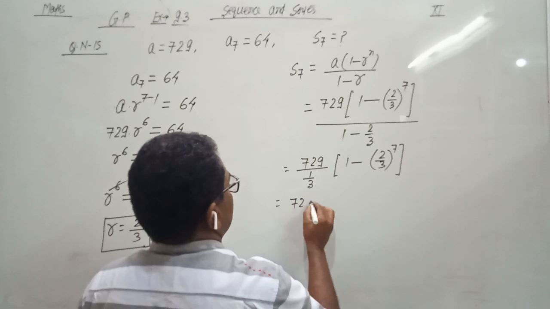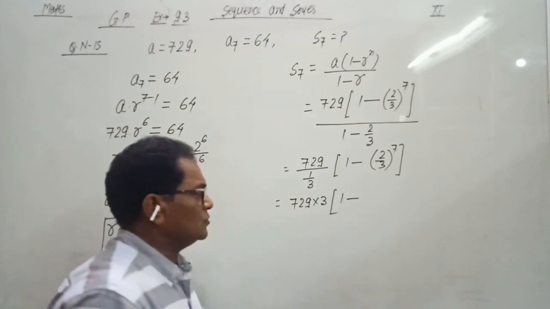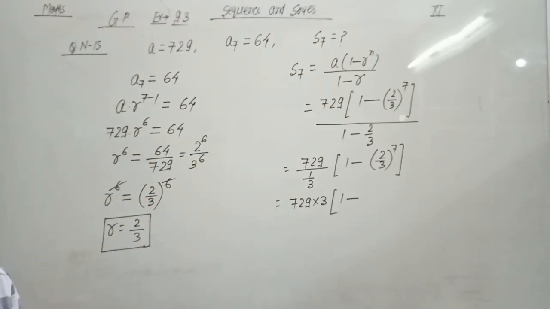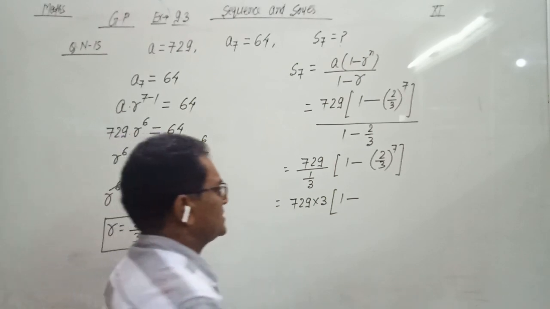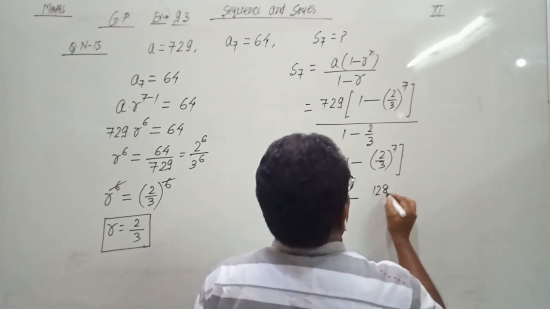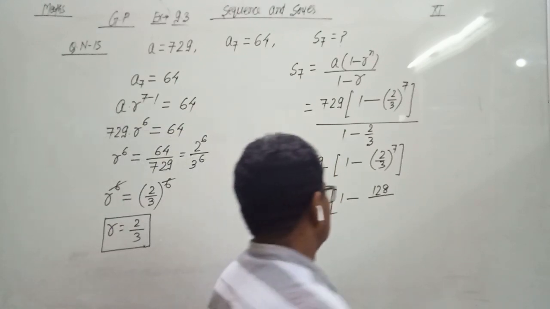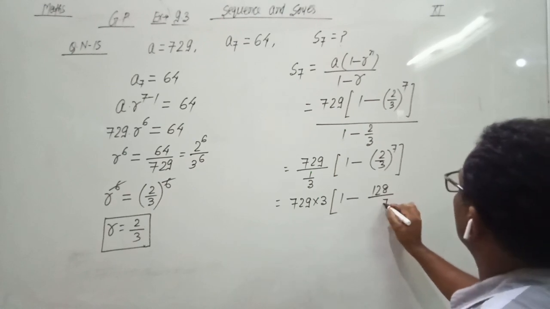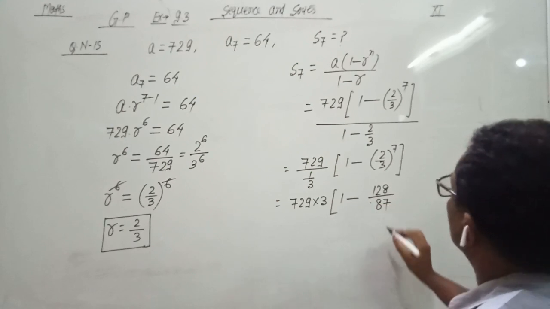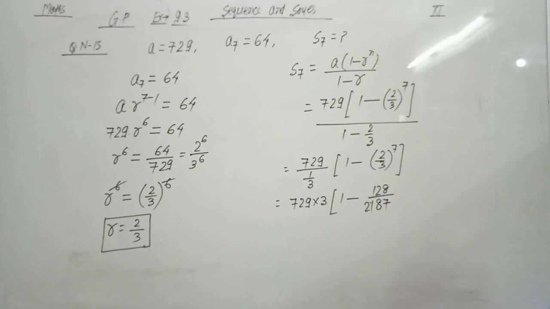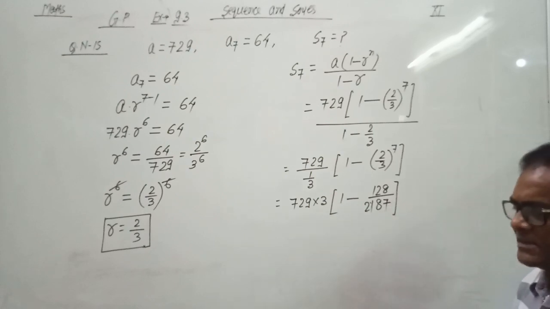This becomes 729 into 3 and 1 minus 2 raised to the power 7 over 3 raised to the power 7. 2 raised to the power 6 was 64 and 2 raised to the power 7 is 128, and 3 raised to the power 6 was 729, so 3 raised to the power 7 will be 2187.